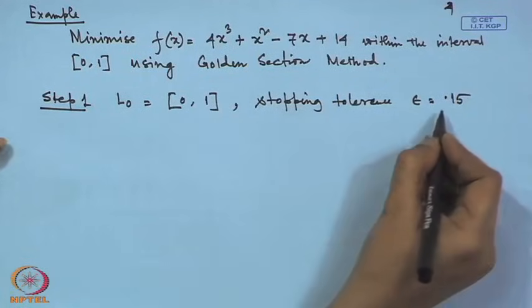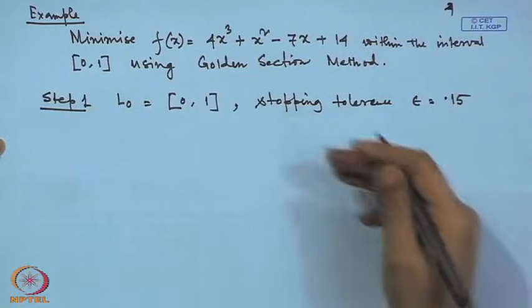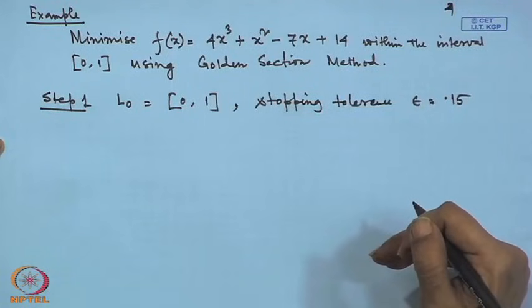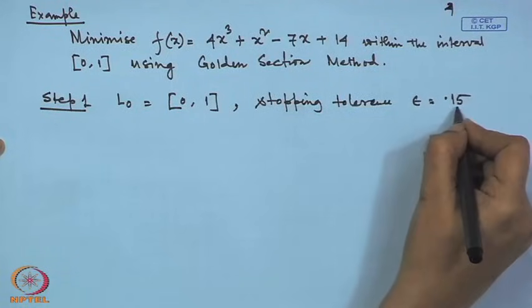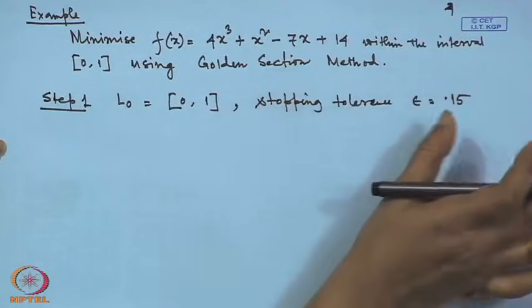Once we consider the stopping tolerance, in the process we will check the length of Lj, and if it is lesser than this, then we will conclude the process. We may also not consider it, and generate our stopping criteria in the process.